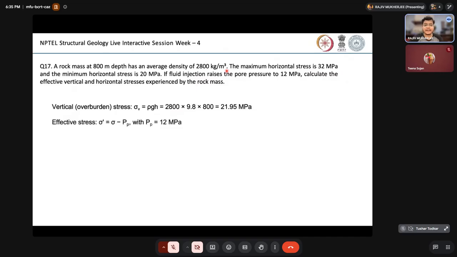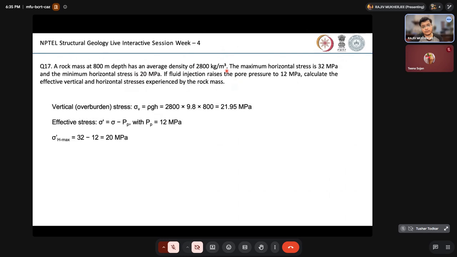Now, effective stress is essentially the difference between the principal stress and the pore pressure. Pore pressure is essentially equivalent to the mean stress, so you are essentially calculating a deviatoric stress, but in a different sense. That's how we subtract the pore pressure from the principal stresses, and that's how we get the values.